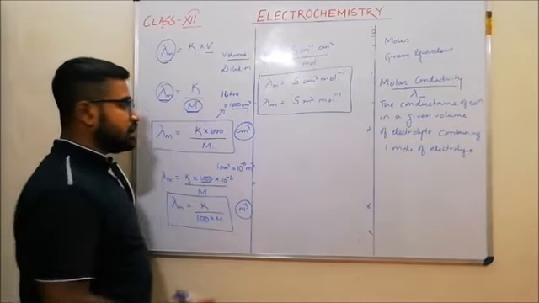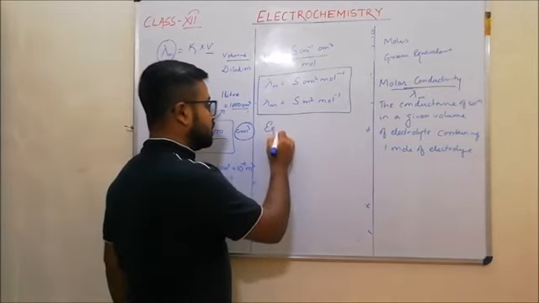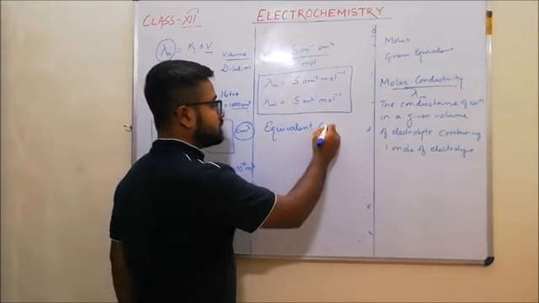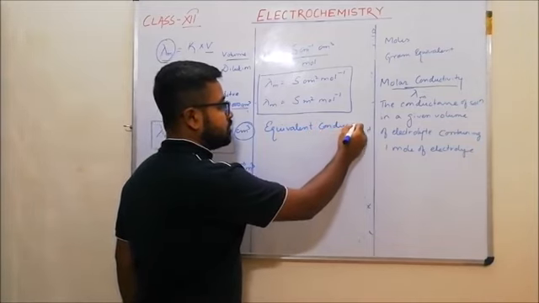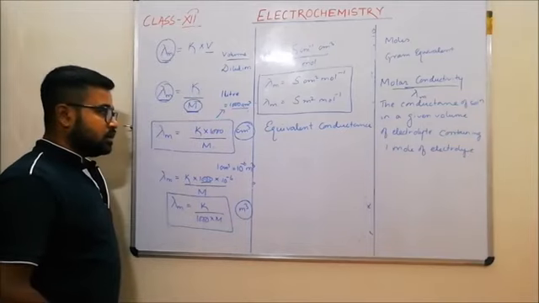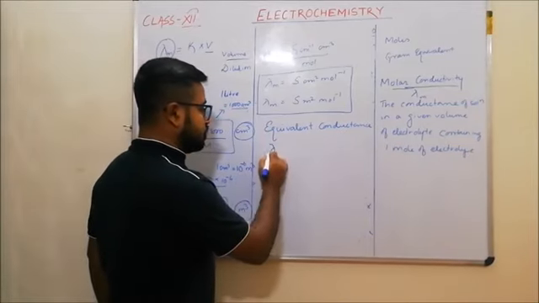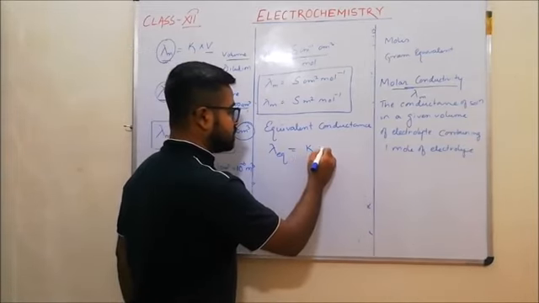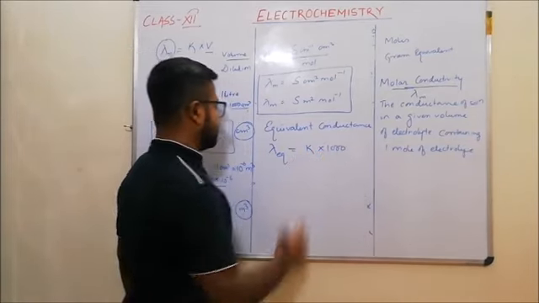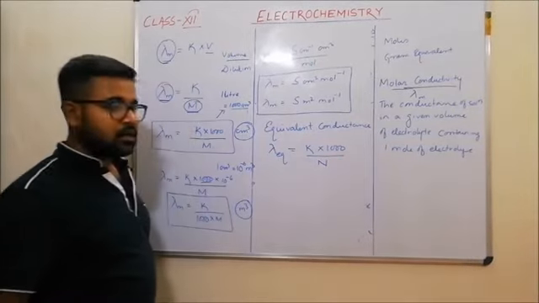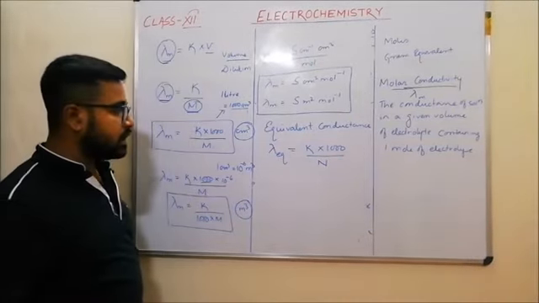Similarly, there is equivalent conductivity or equivalent conductance. So what is equivalent conductance? Equivalent conductance, lambda eq, is kappa into 1000 by n.